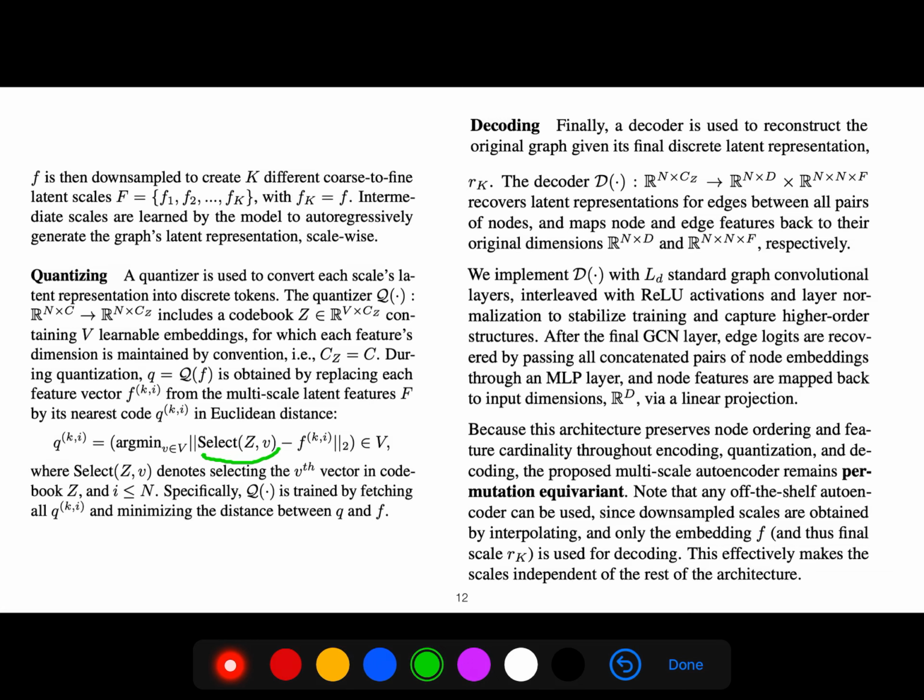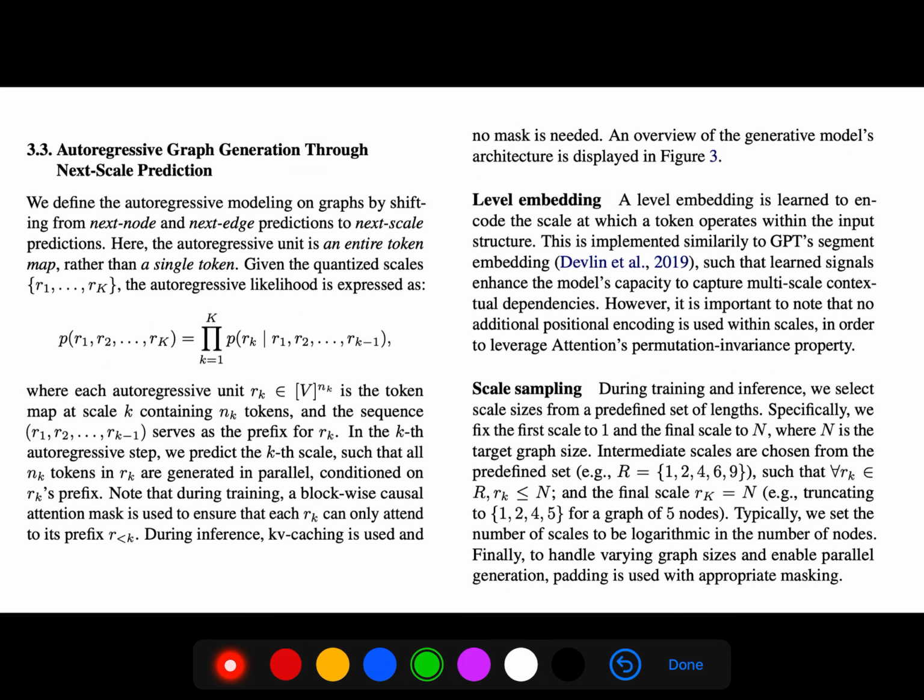And then we use a decoder to reconstruct the original graph from its final discrete latent representation. So your decoder is just a GCN. So we have level embedding and scale sampling.